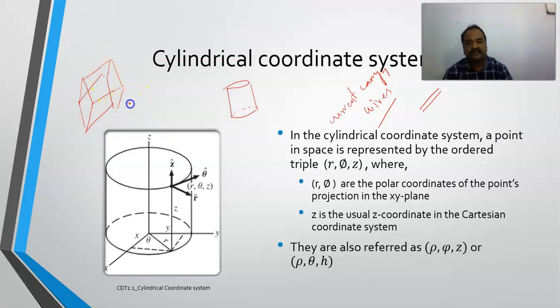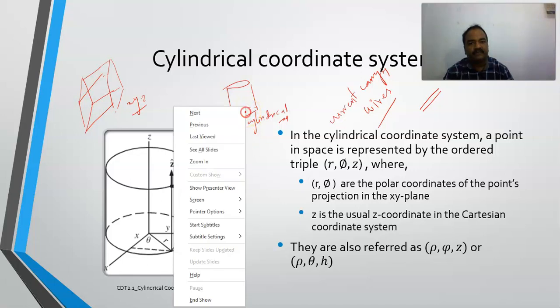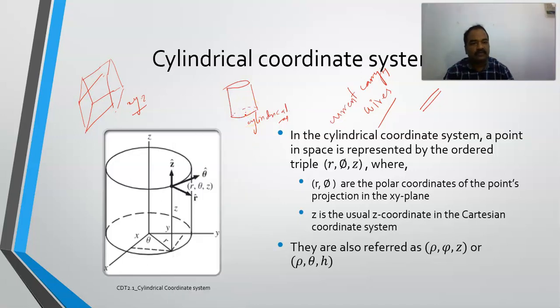This is the XYZ coordinate system, and this is what we call a cylindrical coordinate system. In the cylindrical coordinate system, we take the base. The base generally will be in the form of a circle. So we take two points. One is the center point.